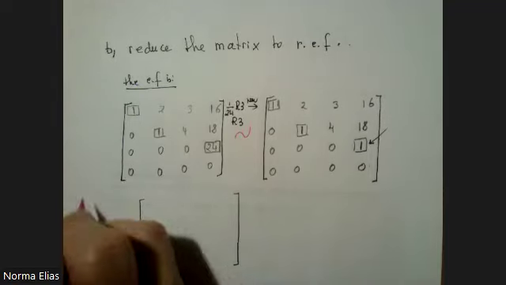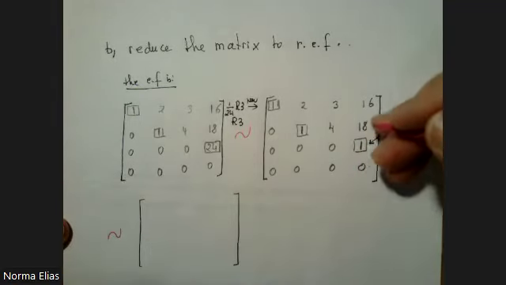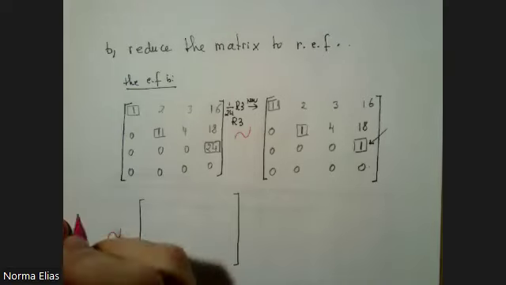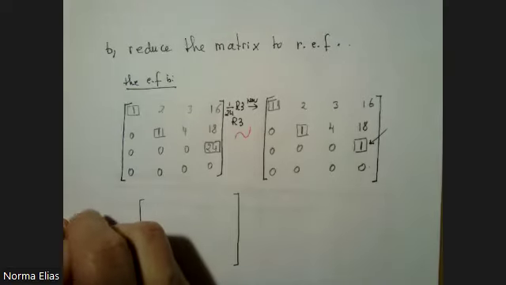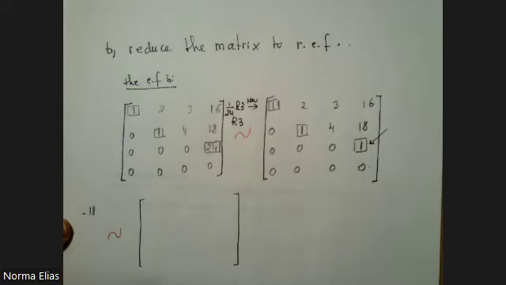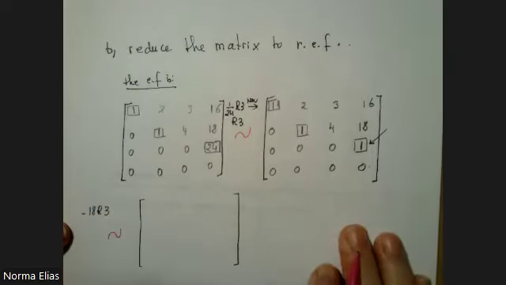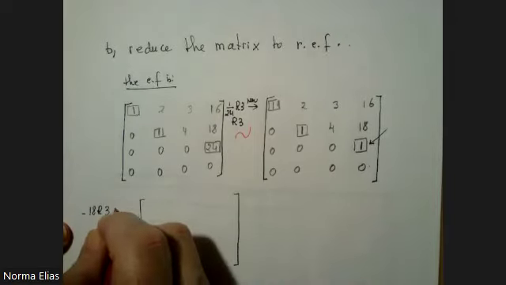So that's the operation. We're starting from the bottom, going up. That's how we go from echelon to reduced echelon. So multiply the third row by minus 18, added to the second row.